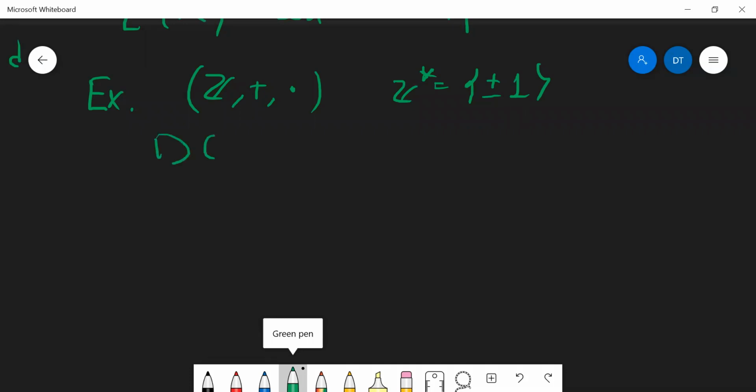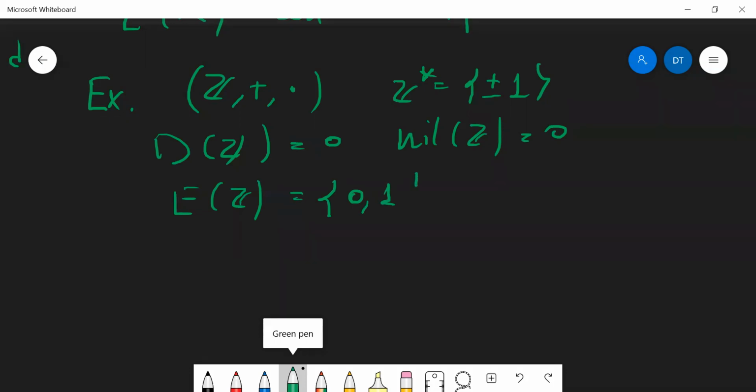The only zero divisor here is the element 0. The only nilpotent element here is also 0. And the only idempotent elements here are just 0 and 1. So this is the full description of the special elements in the ring of integer numbers.